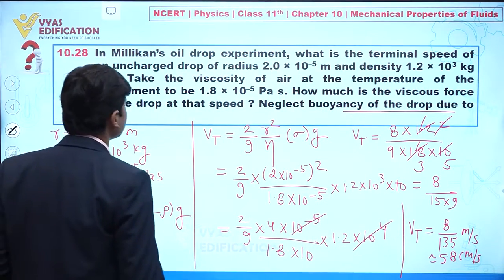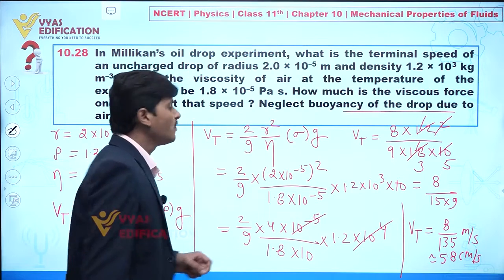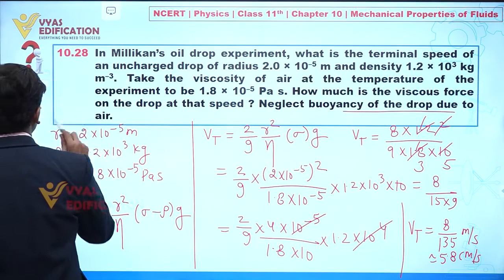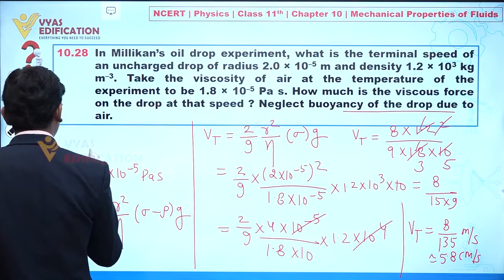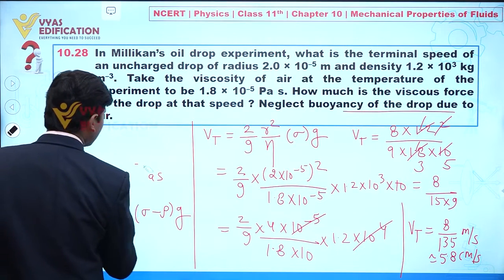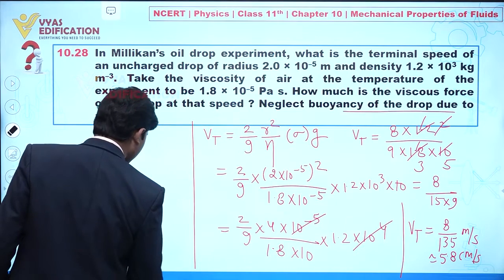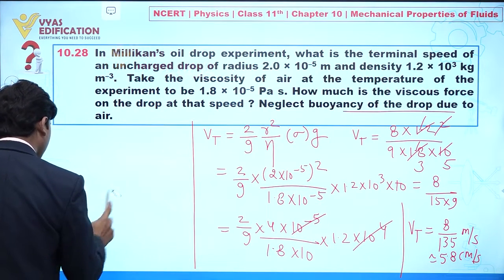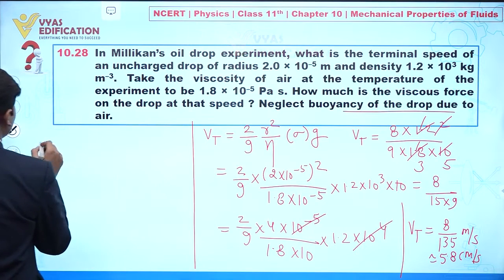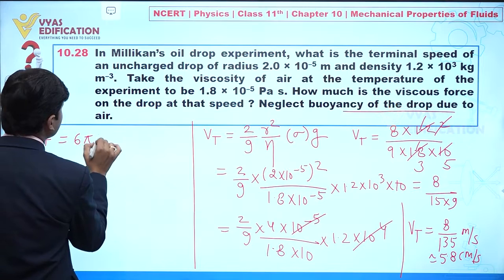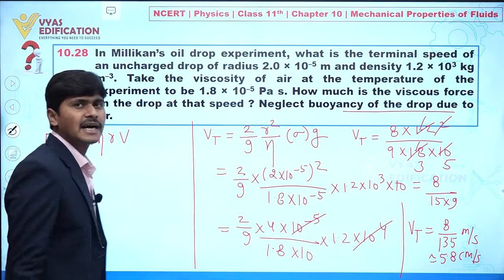Now our next objective in this question is to calculate the viscous force. So how can we calculate viscous force? If I am talking about viscous force, this is given by one formula known as Stokes law, 6 pi eta r v.